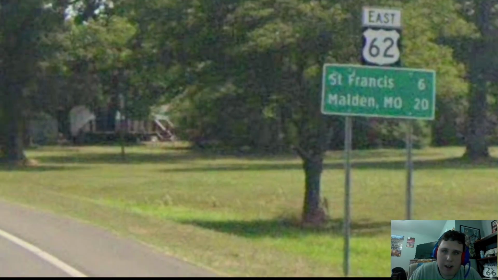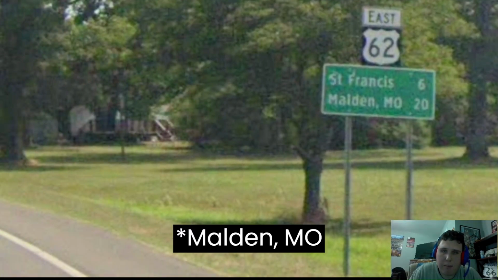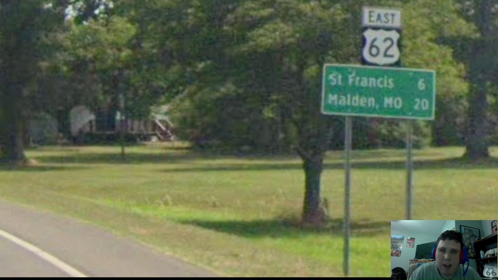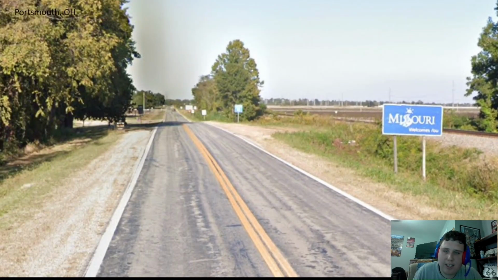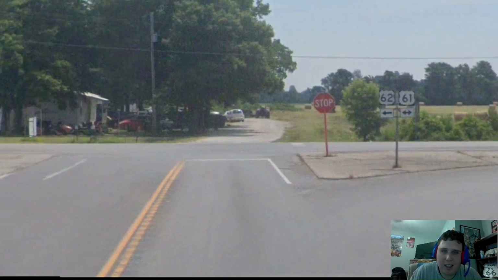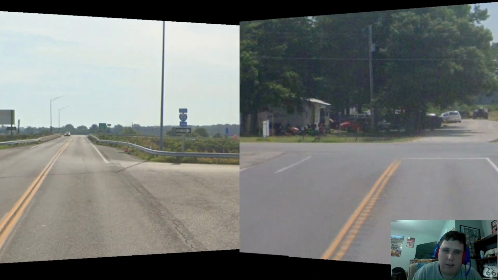And shortly after, we have another mileage sign, and Malden, Missouri is our bottom line at 20 miles away, because there's not much left of Arkansas. And here we are entering into the state of Missouri. Here in Missouri, we're meeting US Highway 61, and 62 and 61 are concurrent with each other.